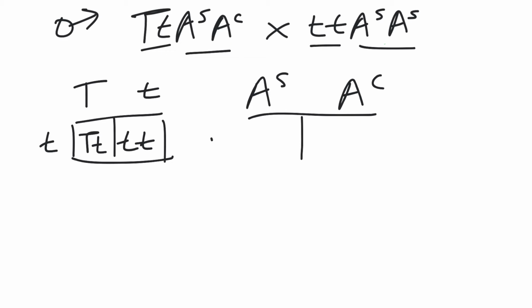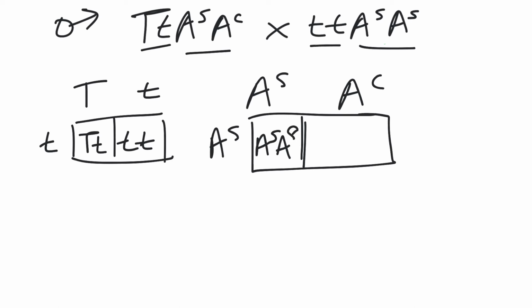You have one option for eggs. All the eggs have the AS allele. That's it. So you only have two different combos of A's that you can get in the offspring: AS-AS and AS-AC.